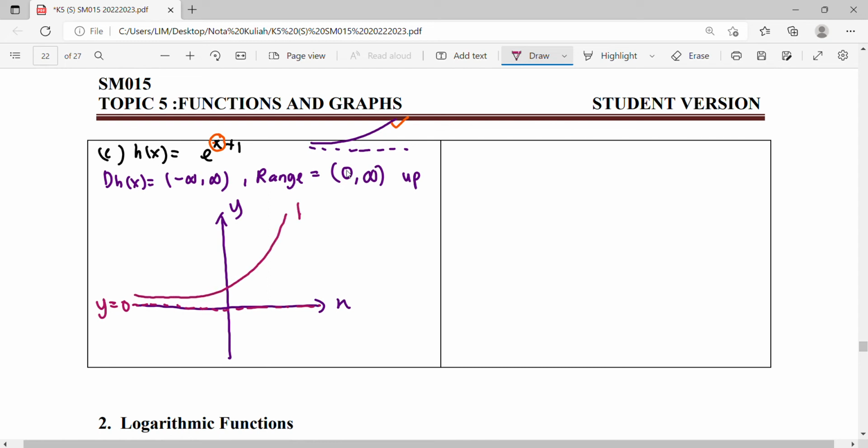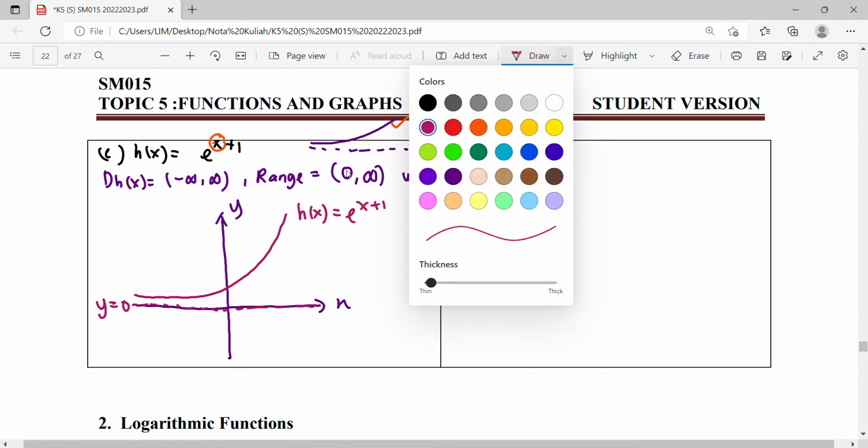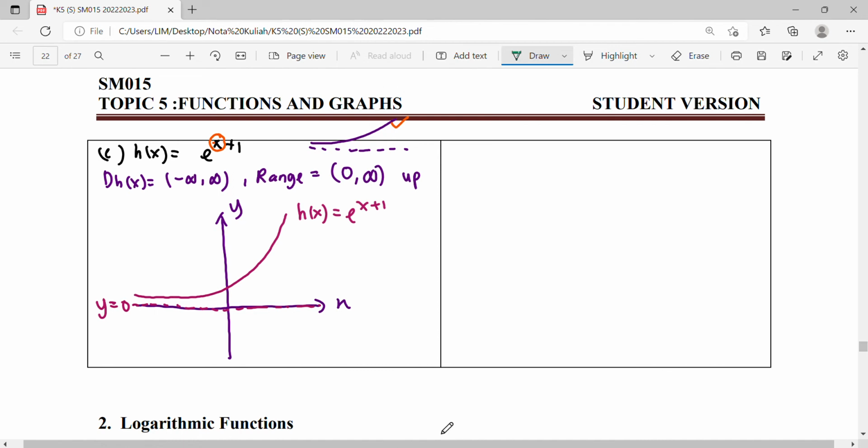So exponential graph, label. At the same time, we notice that it has an intersection at the y-axis. So we calculate the y-intercept where x equals 0. So there will be e to the power of 0 plus 1. So y will be e^1, which equals 2.72.